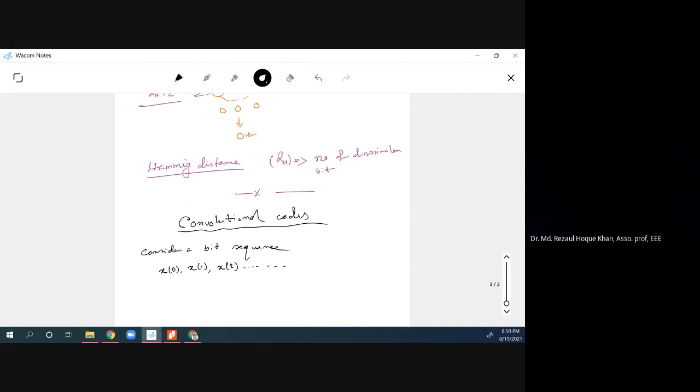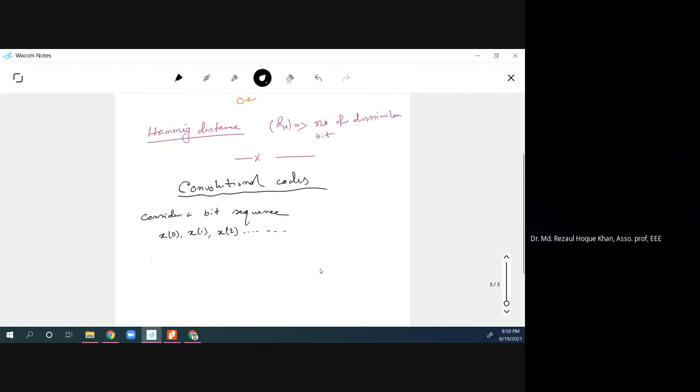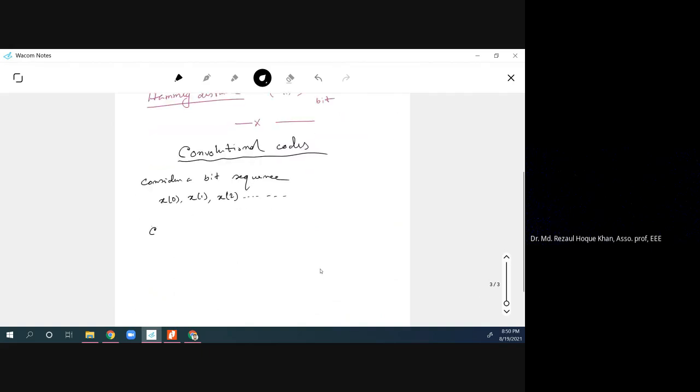Now, in convolution code, what will happen? The convolution code bit C0 at time instant j. What we are trying to say is, this is the code bit 0 at time j.